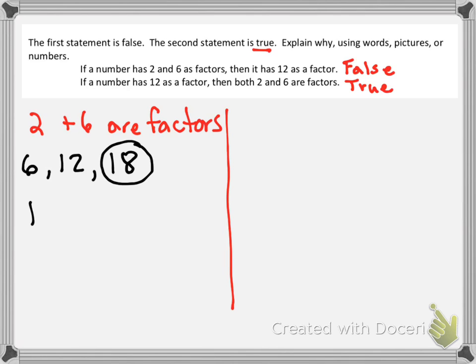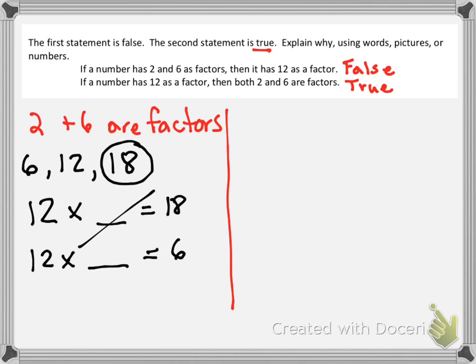Can we multiply anything to get to 18? No. 12 is not a factor of 18. And we can also try this. 12 times what equals 6? There is no factor that we can multiply by 12 to get us 6. That is incorrect. So that explains why the first sentence is false.